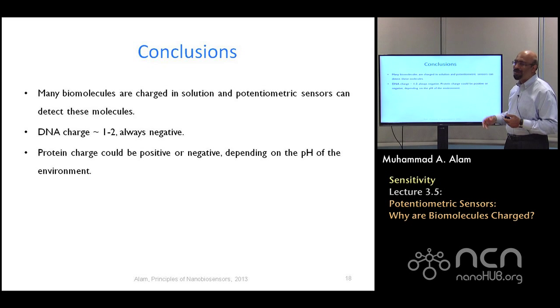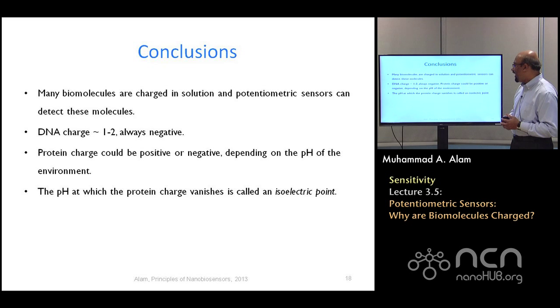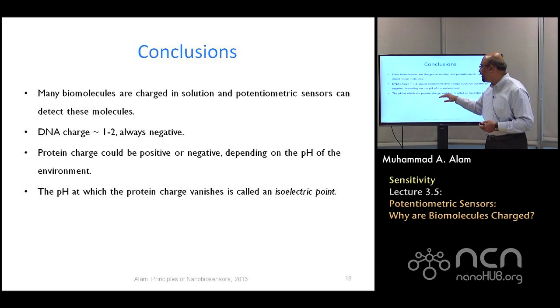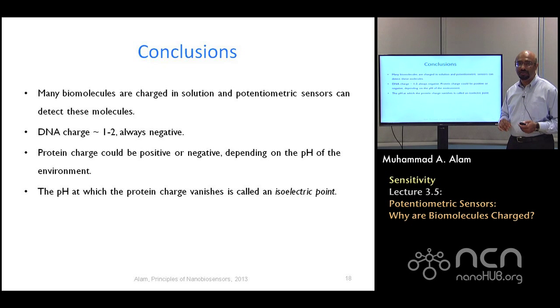And on the other hand, protein charge can go from positive to negative depending on the pH you have. And the point at which the protein charge vanishes is called the isoelectric point.